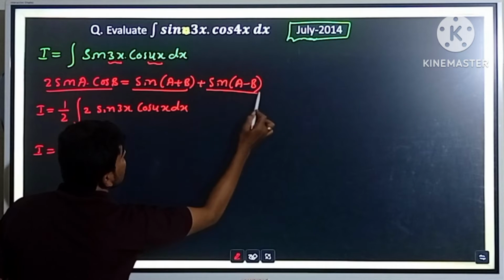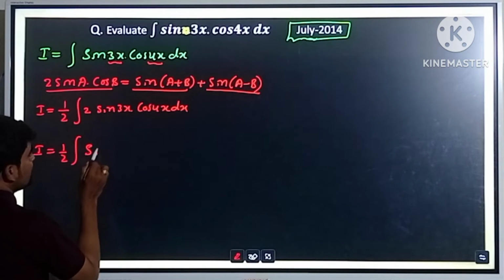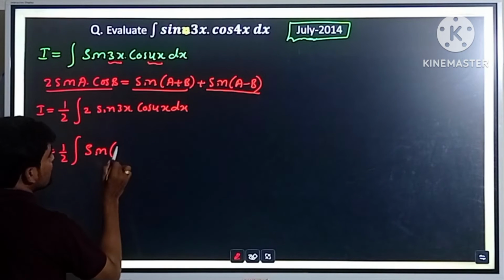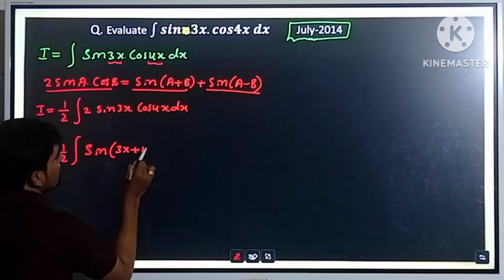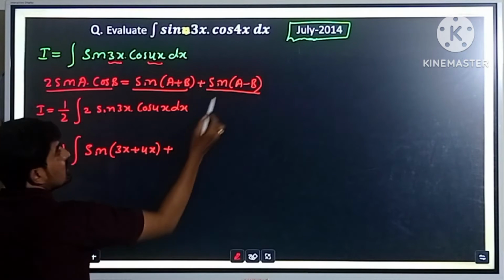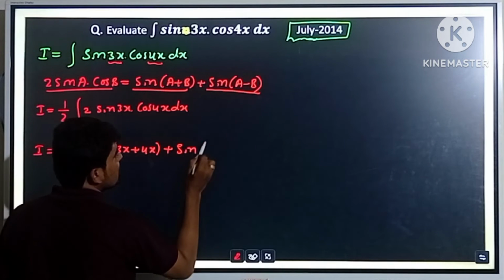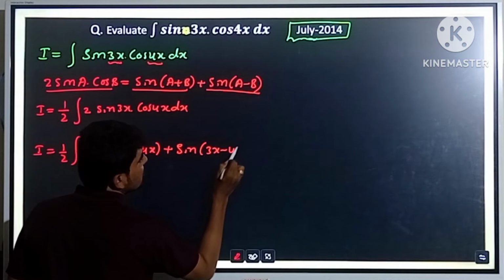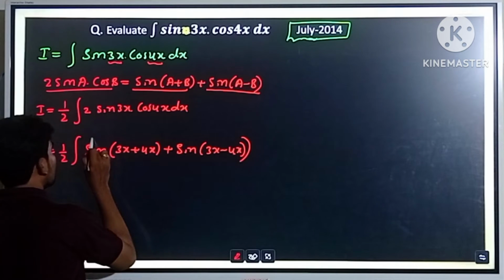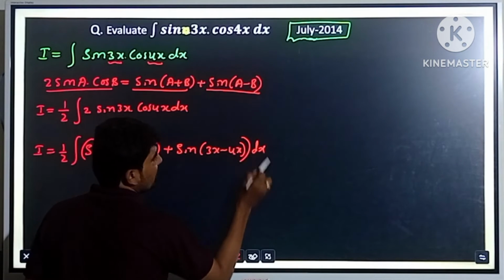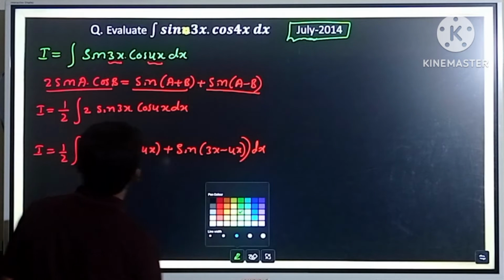Sin A plus B plus sin A minus B. Therefore sin of A plus B means 3x plus 4x, plus sin of A minus B means 3x minus 4x, overall with respect to x.